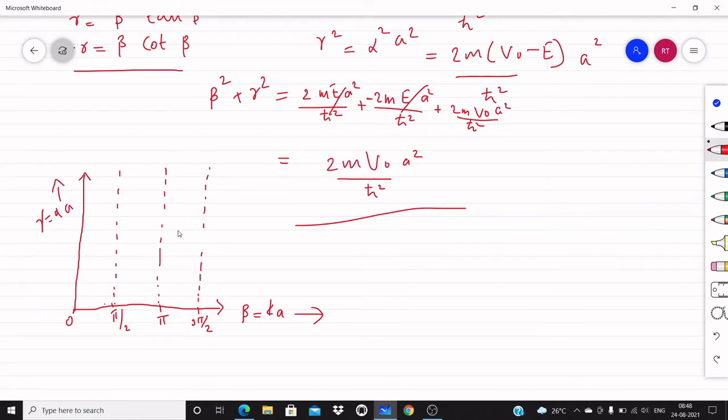And the curves of beta tan beta and beta cot beta are going to be like this, and the corresponding circles will be like this.